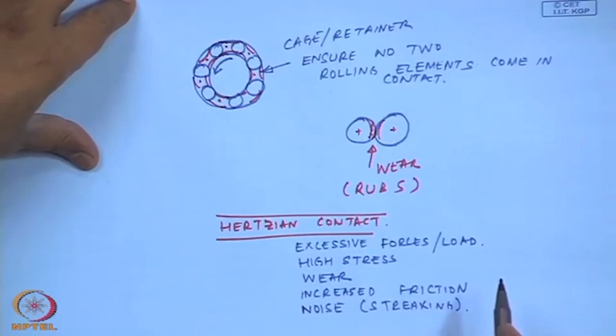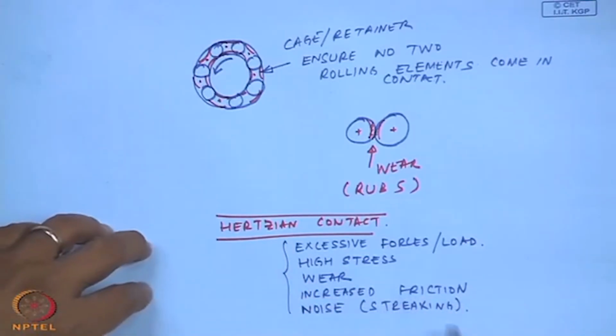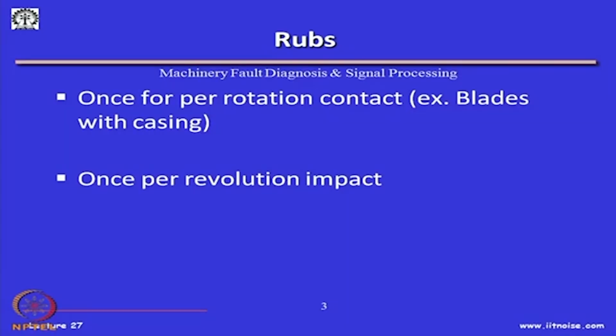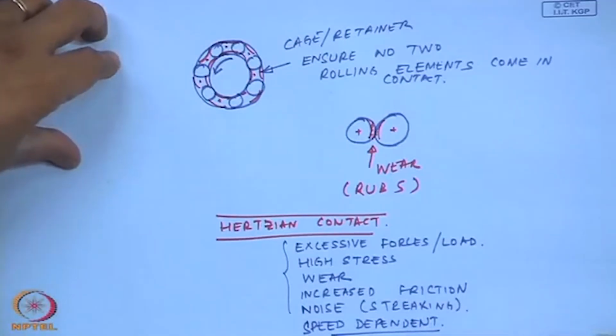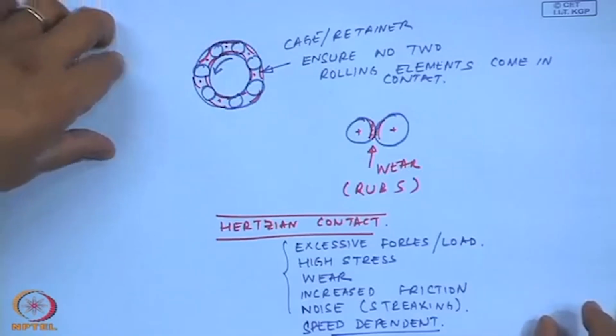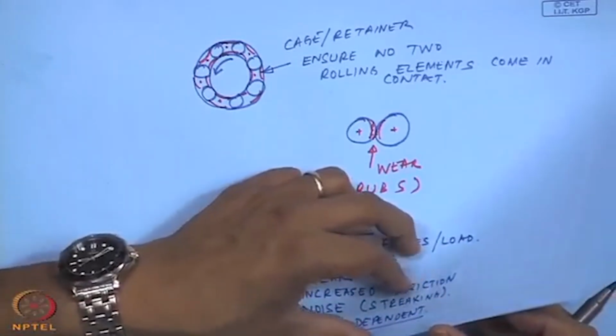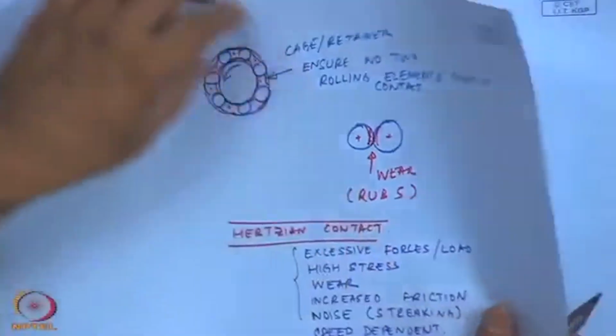So, this would happen, okay, and it will be speed dependent. This kind of thing happens. Okay. So, we should avoid these rubs from occurring.